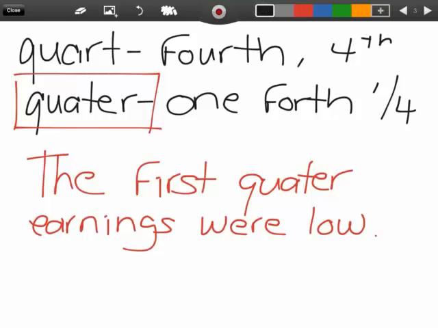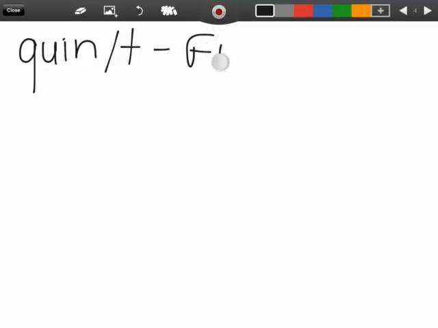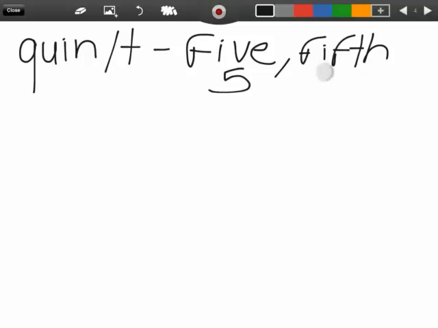Moving on to our next root is quint, meaning 5 or 5th.